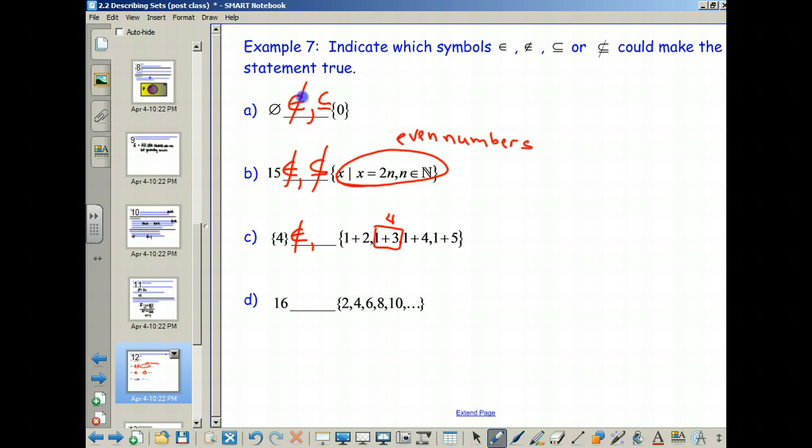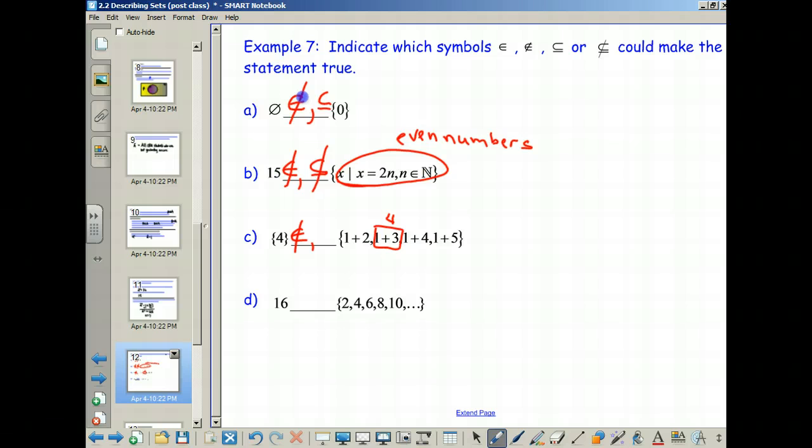In the very same way that on 15, the one before with the 15 in it, those curly braces weren't there. Curly braces are actually present on this one, right? This is a set with 4 in it. It's not just the number 4. This is a set. If the curly braces weren't there, it'd be an element.